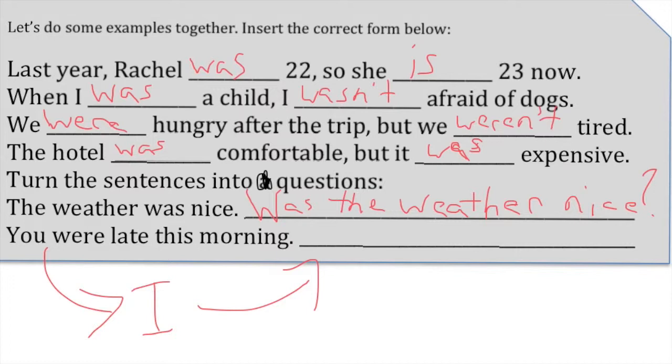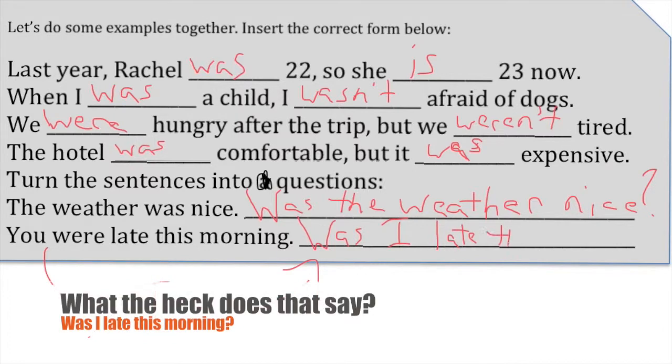You should say was. So we're going to start off with was I late this morning. With my atrocious handwriting. So was I late this morning?